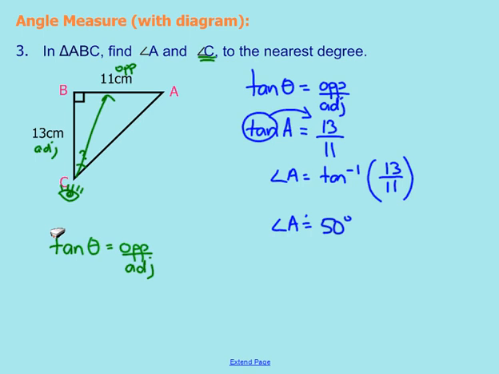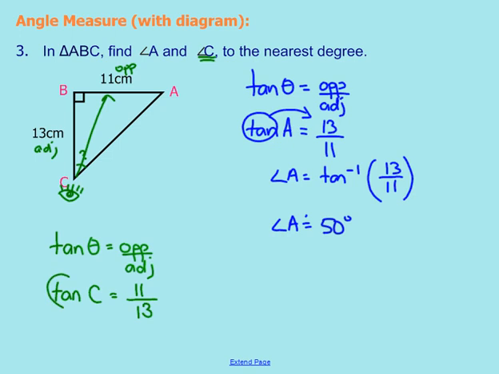I think you're starting to catch on. If I actually needed my hypotenuse, then I'd be using a different trig ratio. Okay, let's start filling everything in. So your theta this time is C, tan, and then angle C, equals your opposite, which is 11, over your adjacent, which is 13.